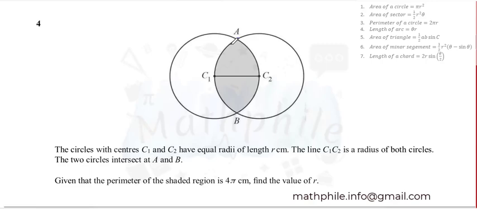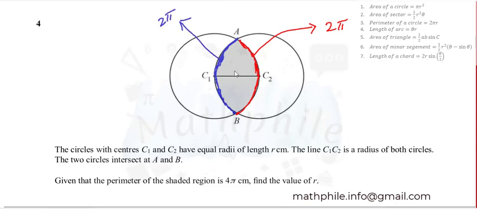If you look, they are basically telling you that if you sum up the length around the shaded portion, you are supposed to get 4π. So let's do the blue one and let's do the red one. If they are going to be the same, it means that the arc length of the red one should be basically 2π, since everything is 4π, and the other side should also be 2π.